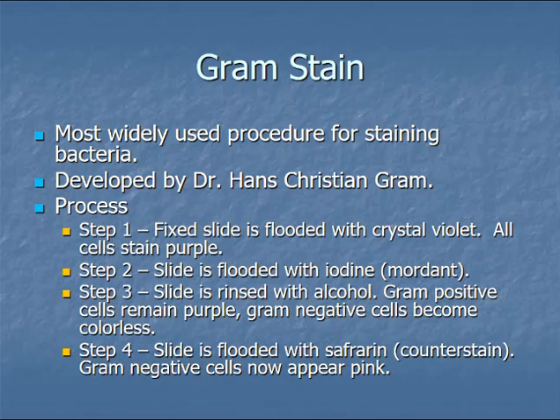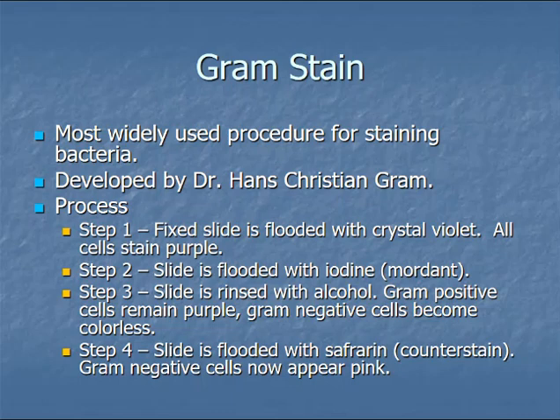Then we're going to add iodine. Now the iodine is a mordant that helps to seal that purple color in those gram-positive bacteria. The slide then is rinsed with alcohol. The gram-positive cells keep the purple color. The gram-negative cells become colorless. And then another stain is added, safranin, which gives the pink color.